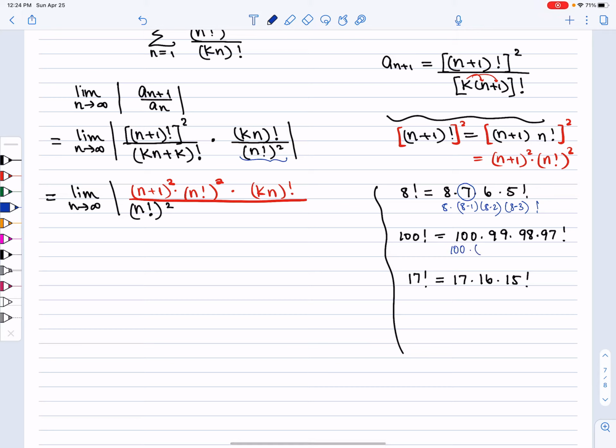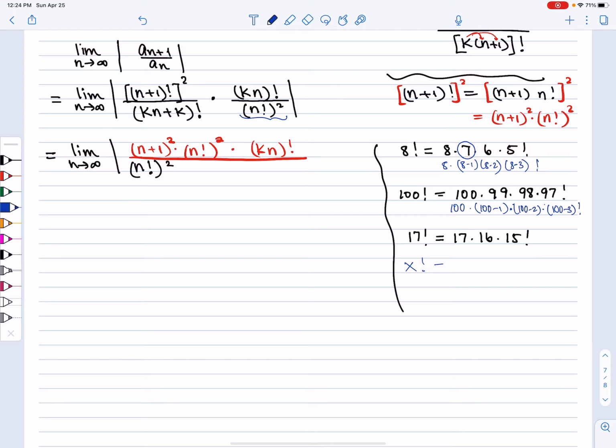The 99 is 100 minus 1. The 98 is 100 minus 2. And then you get the idea. 100 minus 3, and then the factorial. So if you have x factorial, then that is equal to x times x minus 1 times x minus 2 factorial. You can go as far back as you want.